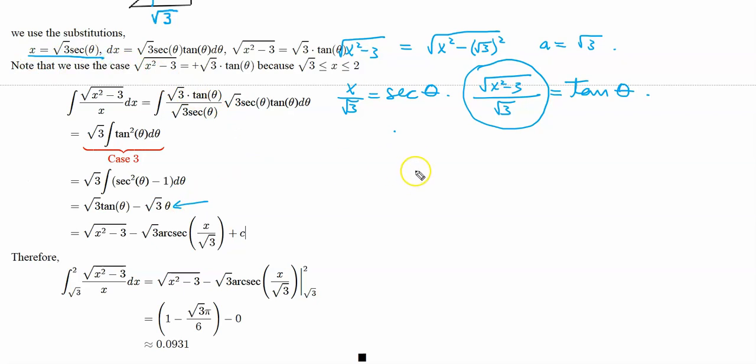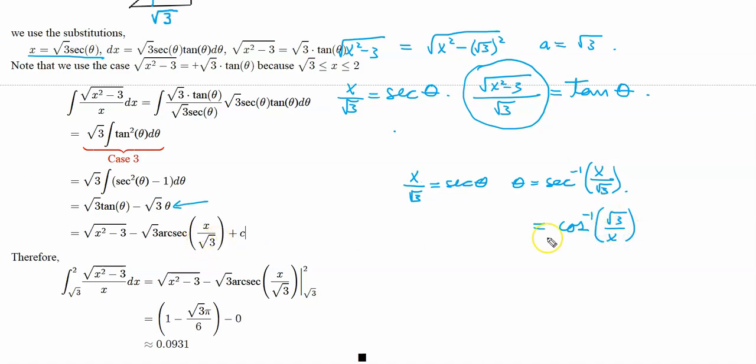So x over root 3 equals the secant of theta. So that means that theta equals the arcsecant of x over root 3, like that, which you could also write as the arc cosine of root 3 over x, if you'd like.